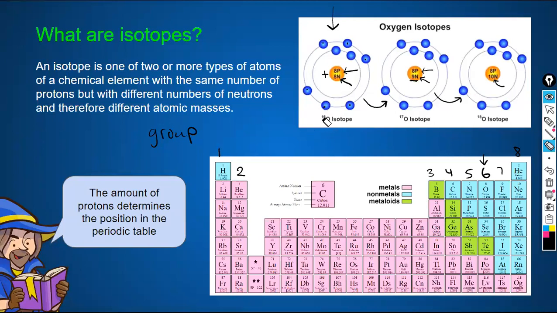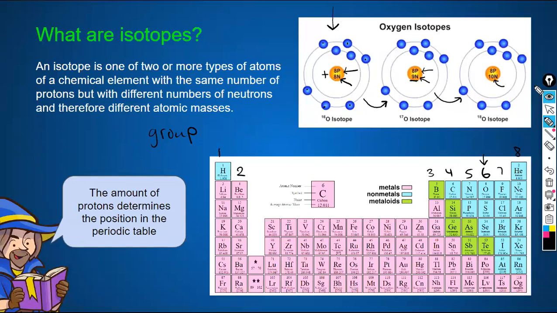I know it's kind of hard to see, but that's supposed to be a 16 here. This one here, you call it oxygen 17, because it has 8 and 9. When you add 8 and 9, you get 17. And take a very good guess. The other one would be 18, because 8 plus 10 is 18. So that is all an isotope is.